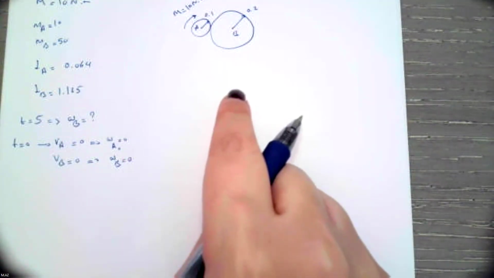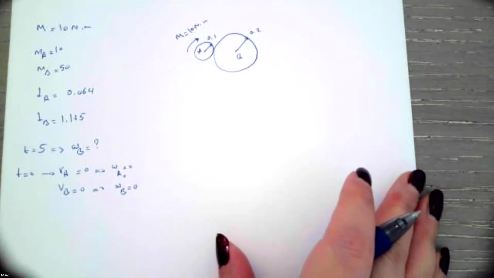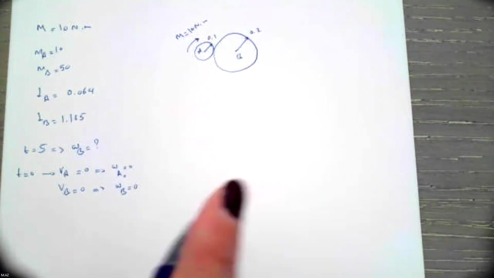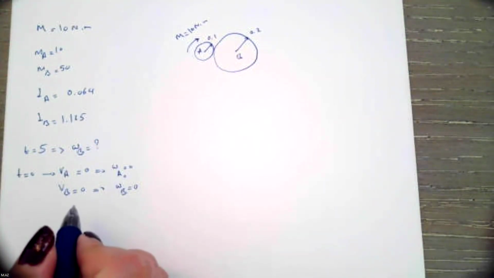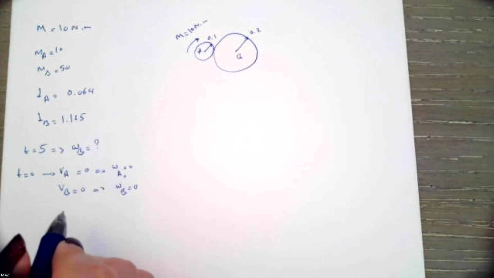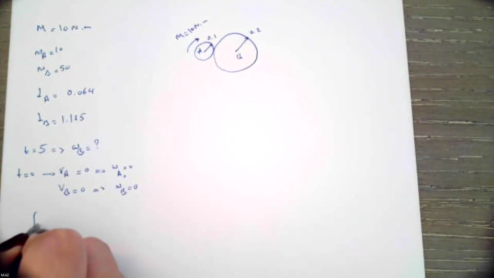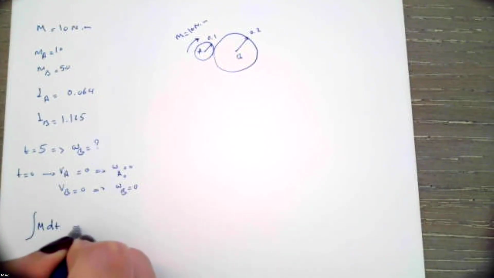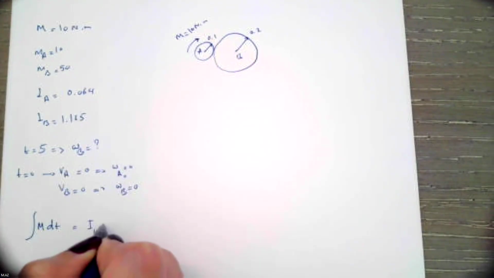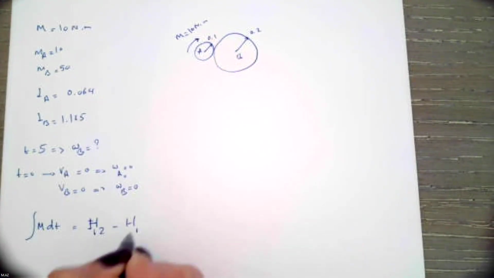The first step for solving this type of problem is to draw a free body diagram, because the equation for solving this type of problem is the angular impulse and momentum, integral of M dt equals, for example, h2 minus h1.